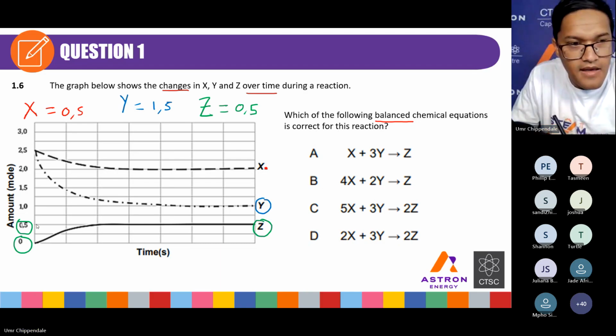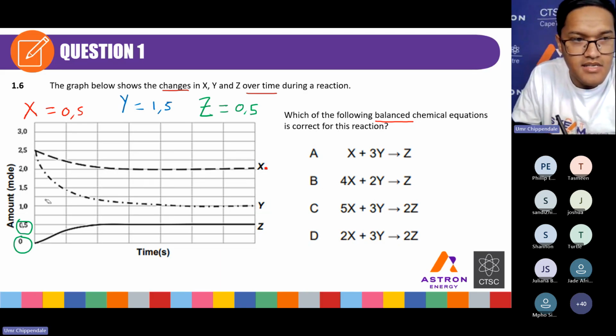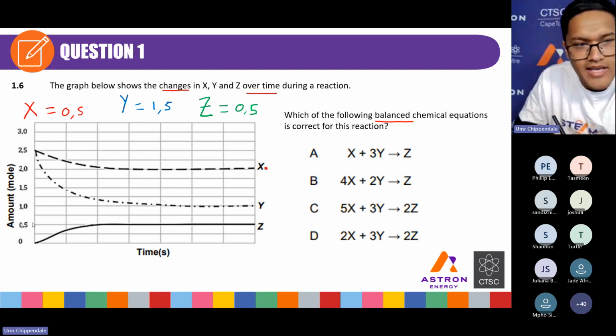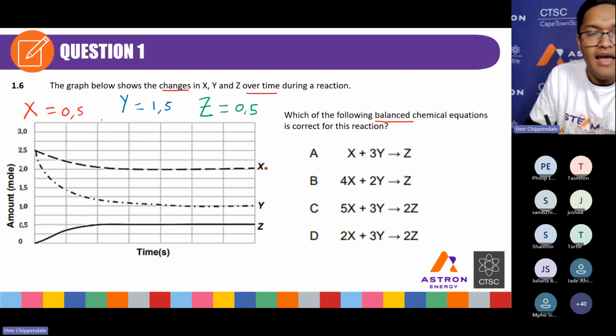So as you can see, when it comes to our X, Y, and Z, our X and our Z both are 0.5. But if we take X and multiply it by 3, that will give you 1.5.